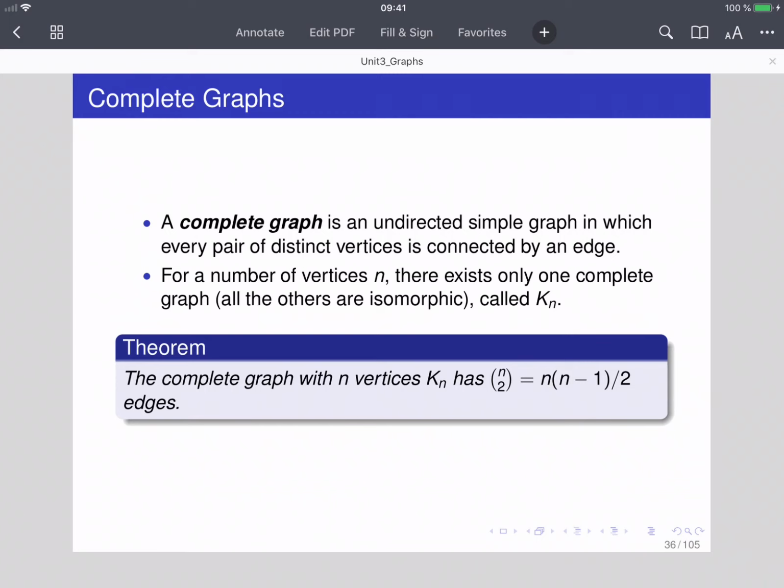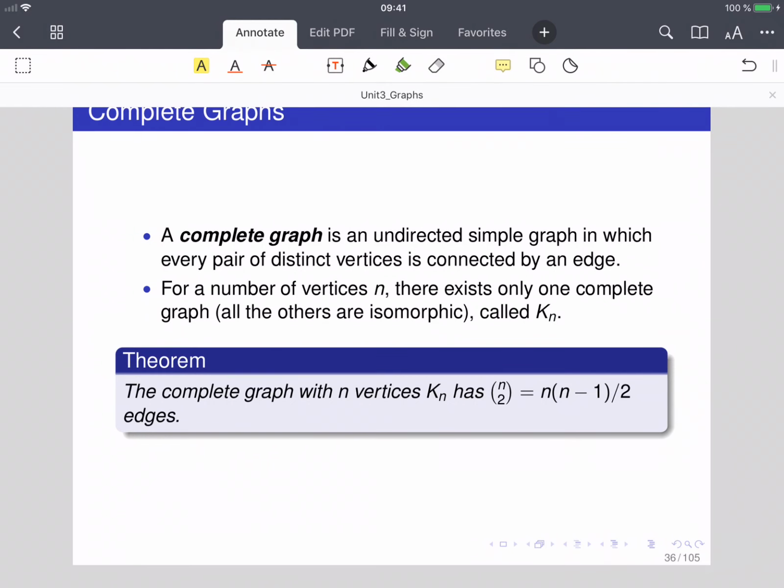So for instance, the easiest example of this kind of graph is a graph with just one vertex. A graph with just one vertex is a complete graph because every vertex is connected to the other vertices. Remember that in non-directed graphs we do not have loops, and since there is only one vertex, the requirement is fulfilled.